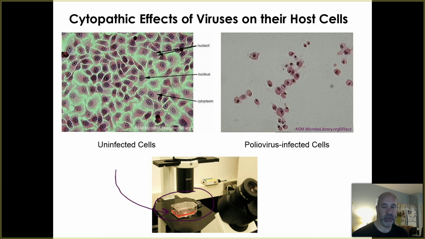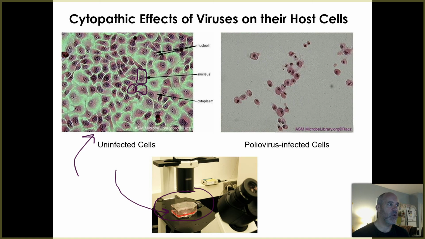So a lot of times those are human cells of some type that the virus will use as its host. And if you look at those host cells under the microscope, you'll see something like this where they kind of look like tiles. Each of those is an individual host cell.